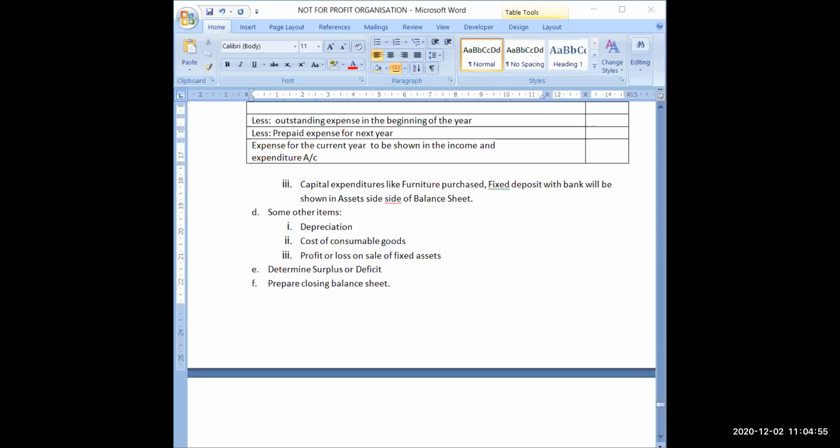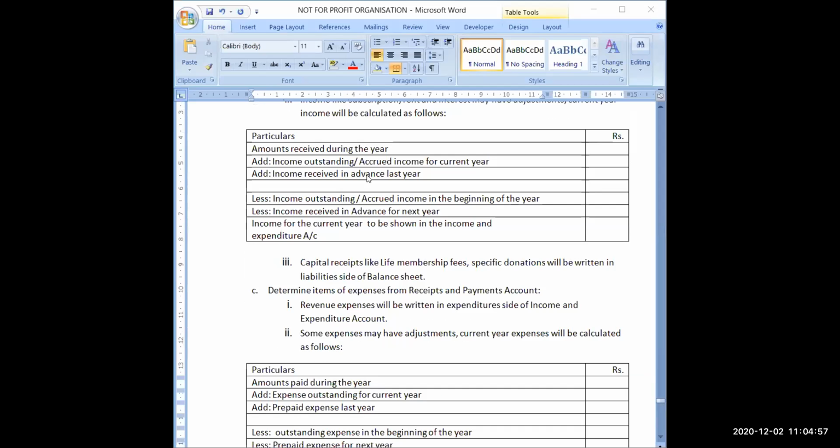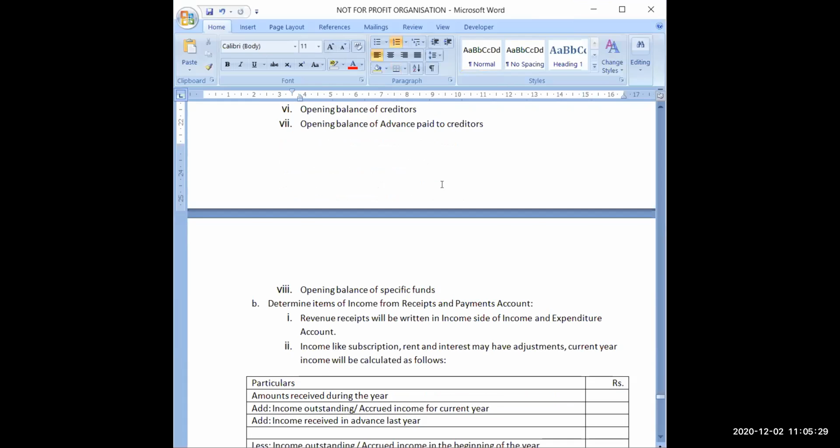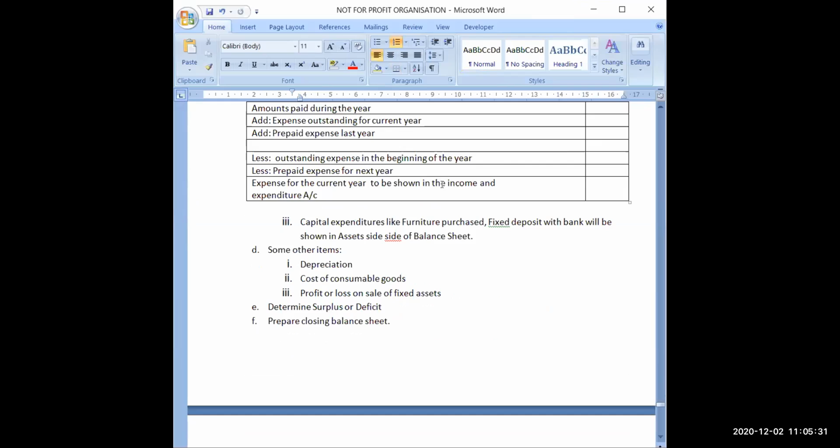You may get outstanding subscription for the current year, advance paid for the current year, advance subscription received for the current year. Various amounts in the same manner you may find for the current year also. Whatever assets exist at the end of this year, those balances will come to the closing balance sheet. Whatever the closing stock of consumable items is will come to the closing balance sheet. The closing balance of cash and bank will come to the closing balance sheet. This way, all the closing balances will be written in the closing balance sheet, and you will prepare that.